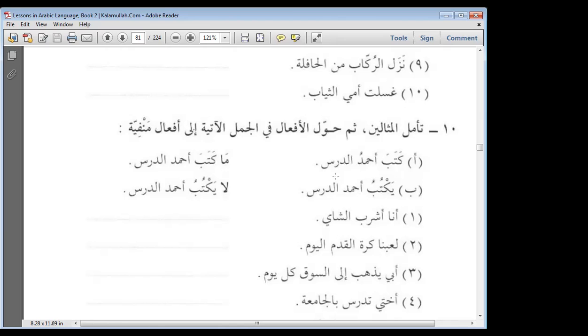Okay, so ma negates the past tense verb. But what about the present tense verb? What negates that? La. La negates the present tense verb. So we see it here highlighted. Ma kataba Ahmadu ad-darsa. Present tense, you will say la yaktubu Ahmadu ad-darsa. Okay, so la negates present tense, ma negates past tense. Is that clear with everyone?